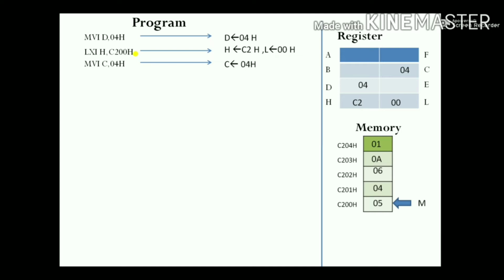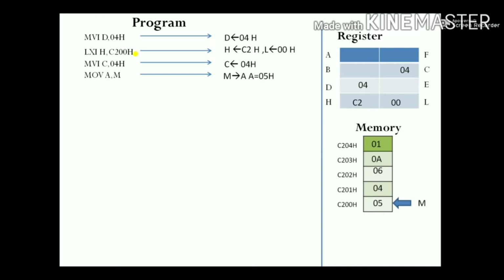D is already set. Now we need to take the data in a register so that we can compare. So which register do we always take first? That is the accumulator, right? So first we need to transfer the data from memory to the accumulator. Which instruction will we be using? Yes, MOV A, M. It means the content of memory will be transferred to the accumulator.